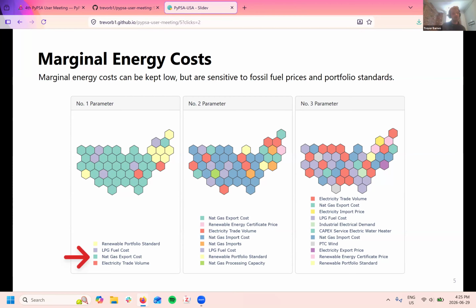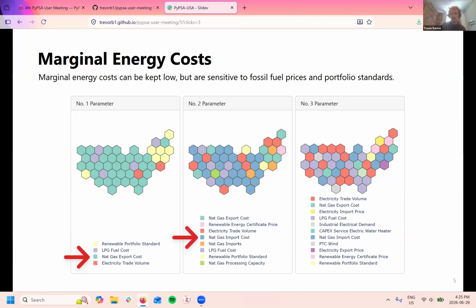For example, natural gas export costs, so how much a single state makes by selling natural gas to a neighboring state or region, such as Canada or Mexico, is generally the most impactful uncertain parameter on average annual marginal energy costs across the USA.